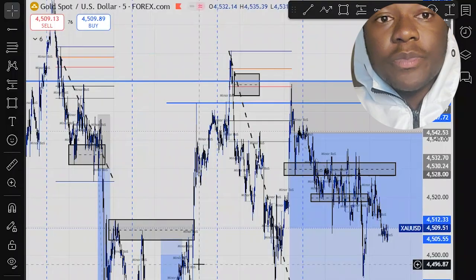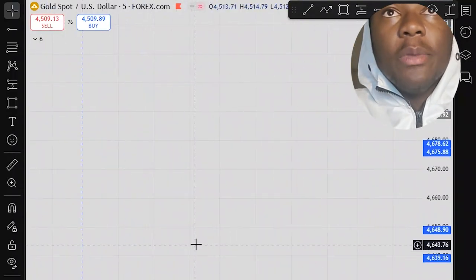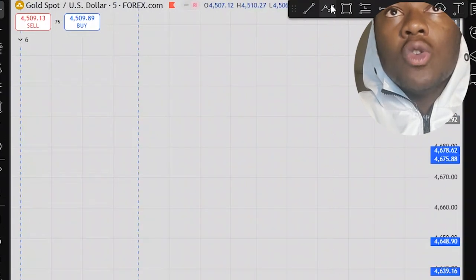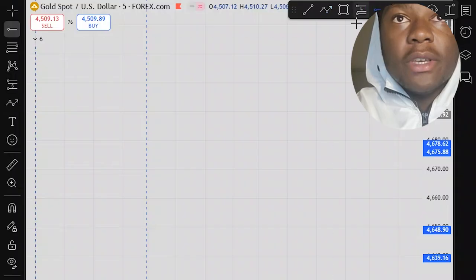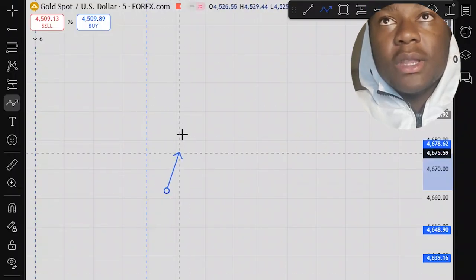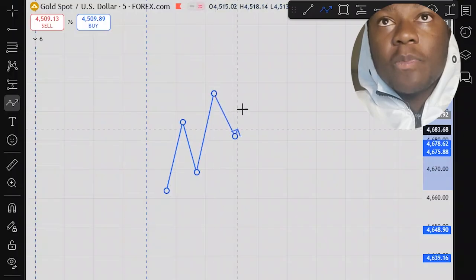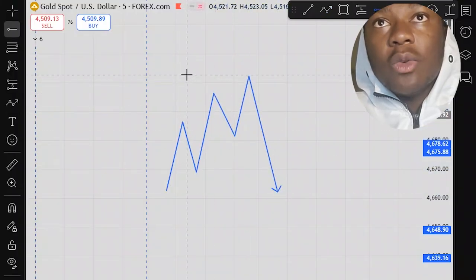So I'm going to be teaching LBF. So basically what we are looking for when trading LBF is, let's imagine that's yesterday's price, right? And we have a high and we have a low.